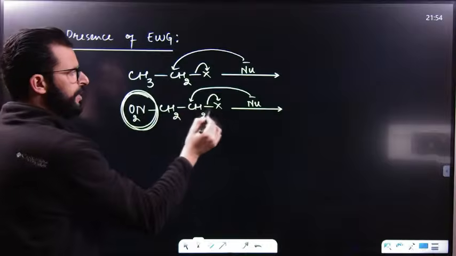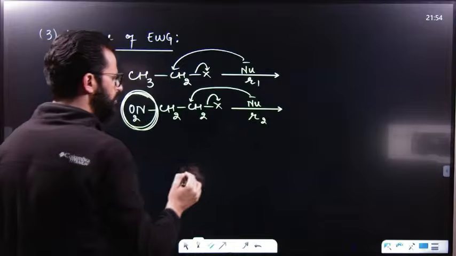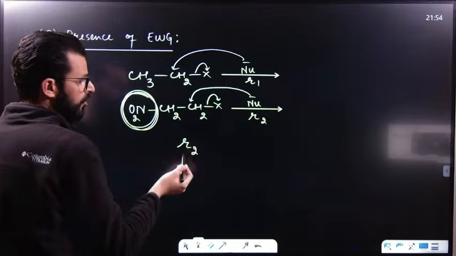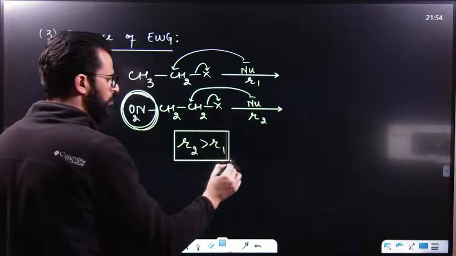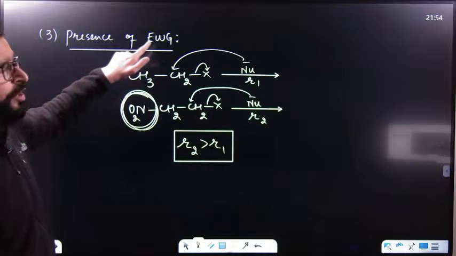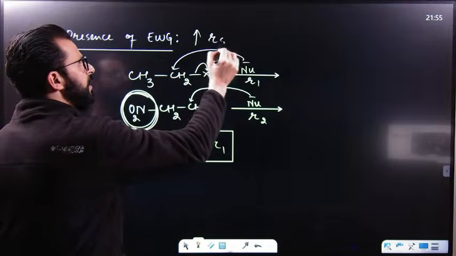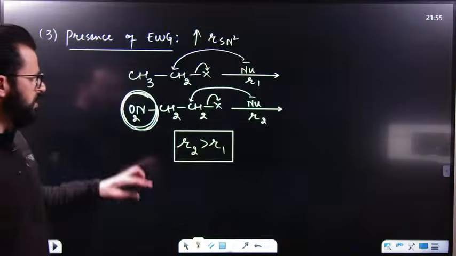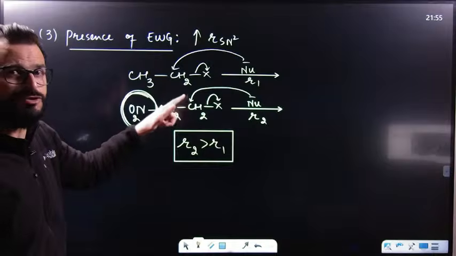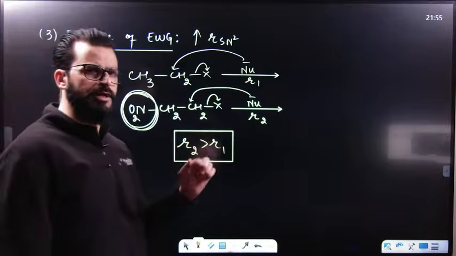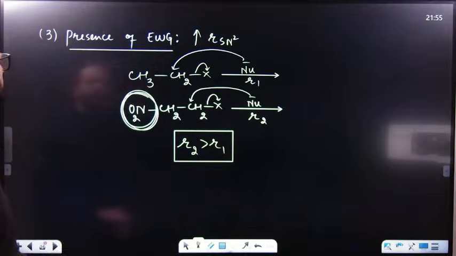Say this reaction takes place with a rate of R1 and this is R2, we will always say that R2 will be greater than R1. Why? Because the presence of an electron withdrawing group increases the rate of SN2 reaction. It withdraws electrons and increases the electron deficiency of this carbon. The more the electron deficiency at the alpha position, the more easily the nucleophile will attack.